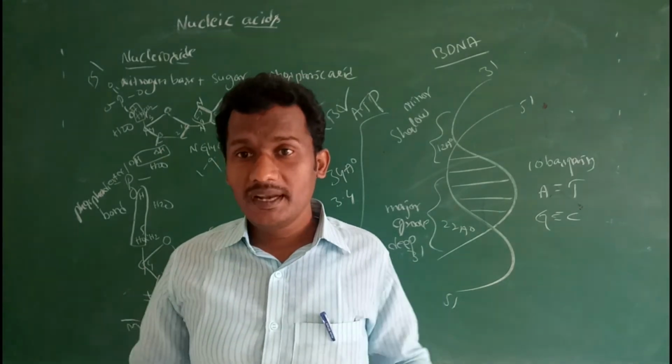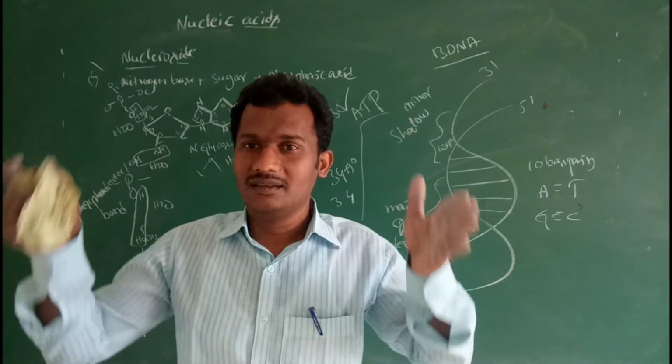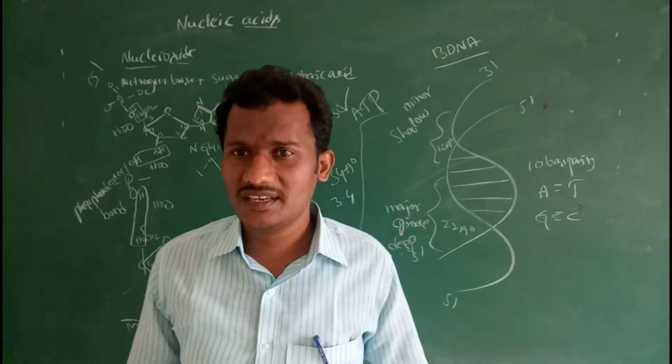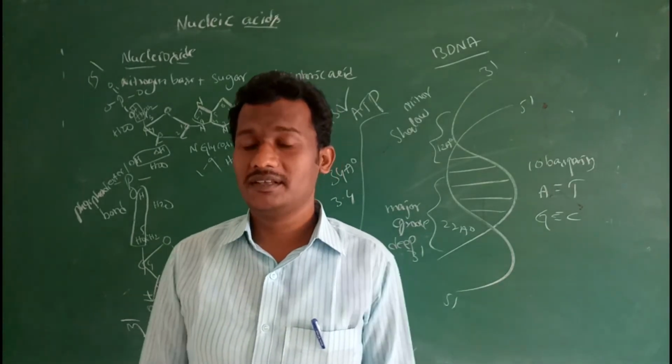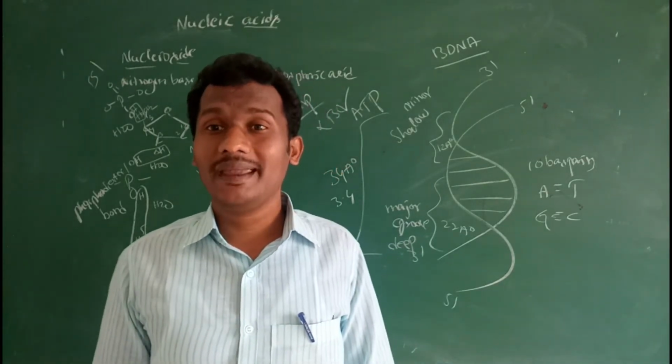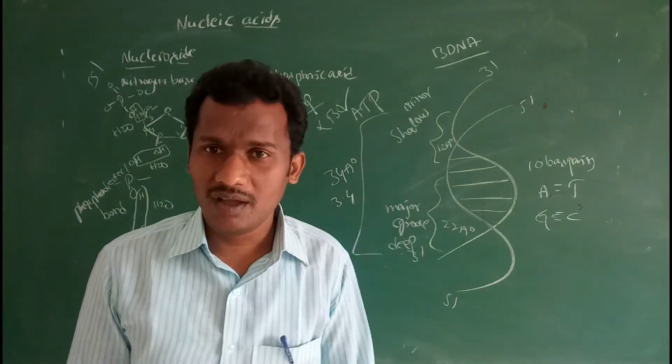If two pyrimidines pair, it is a smaller structure, so a large space is present in the middle. So it is not possible to maintain a uniform distance between the two strands of DNA.